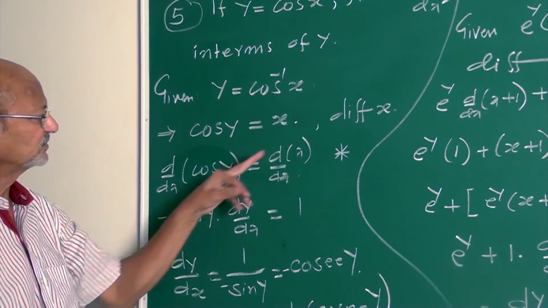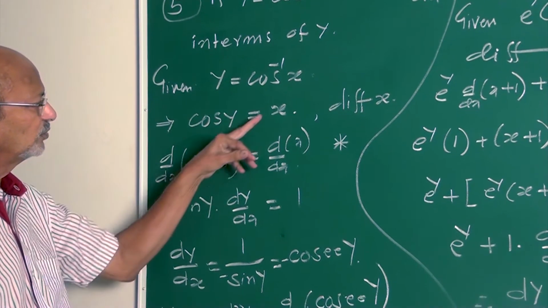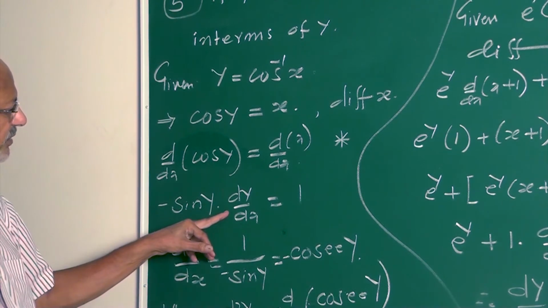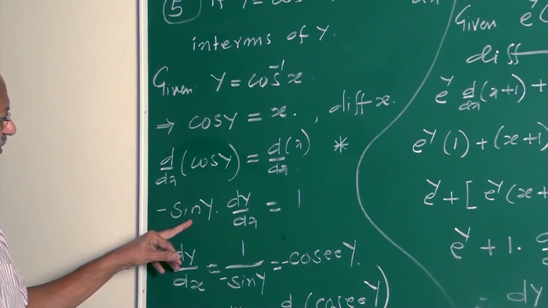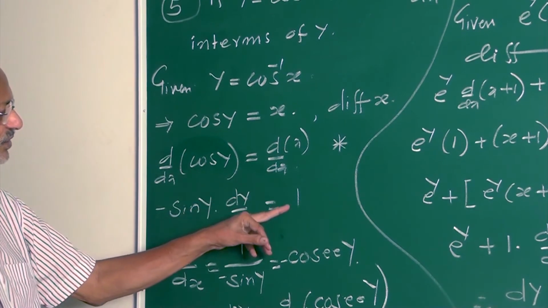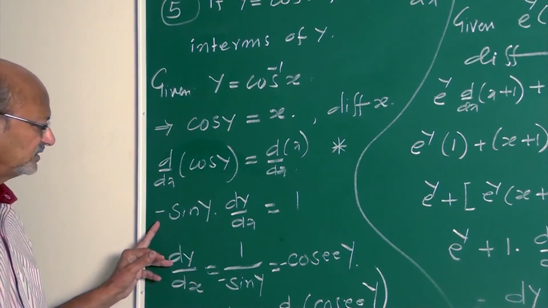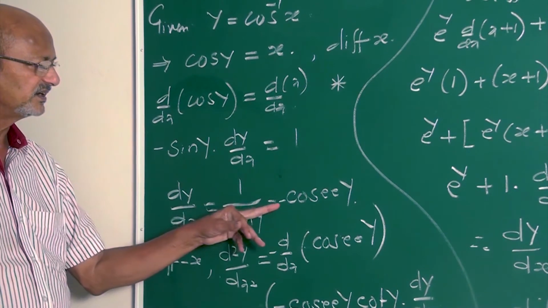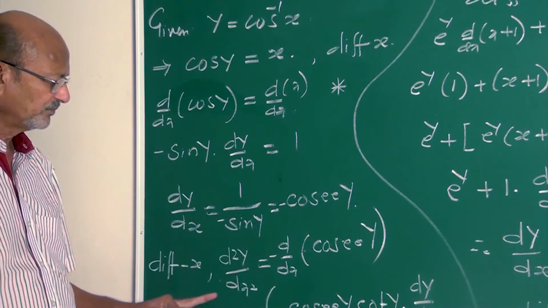Differentiate with respect to x. Derivative of cos y equals derivative of x. Minus sin y into dy by dx. Why? First with respect to y, then y with respect to x. Derivative of x with respect to x is 1. Shift down: 1 upon minus sin y, that is minus cosec y.